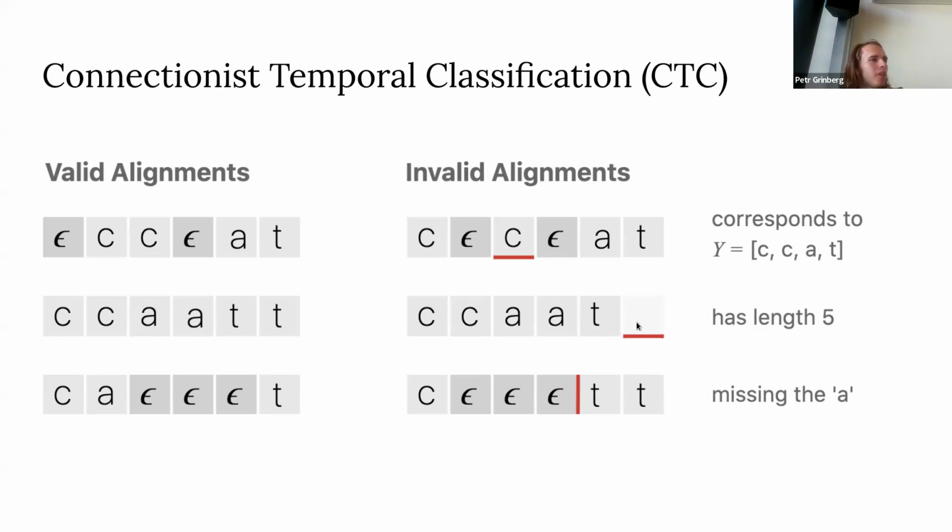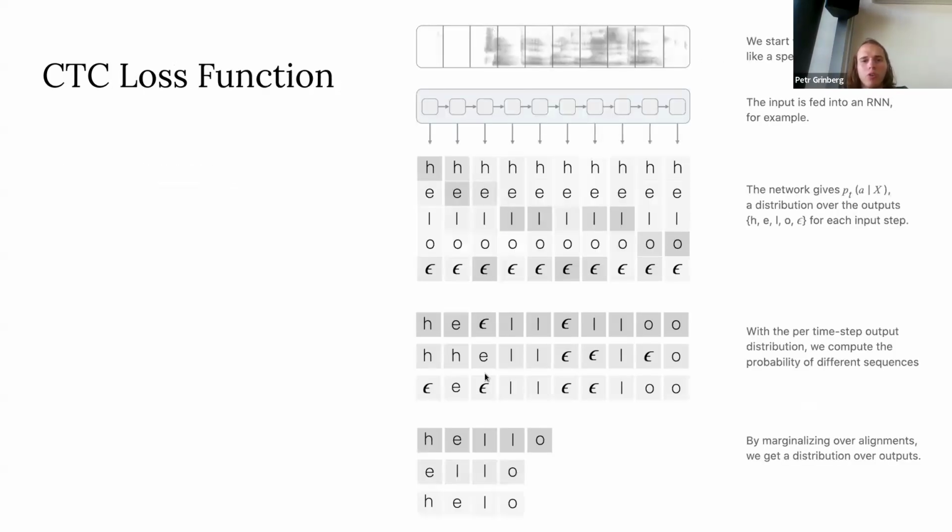Each time frame has to have exactly one predicted token. And here you had epsilon, you have T, you have C, but you don't have an A. So again, a wrong alignment.